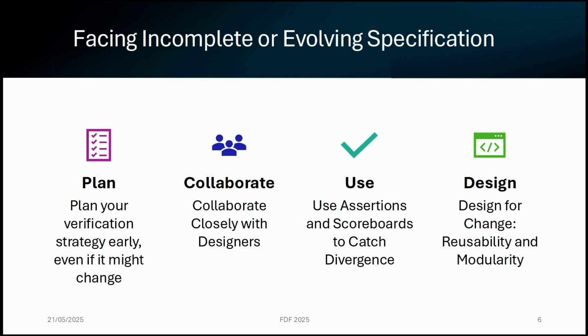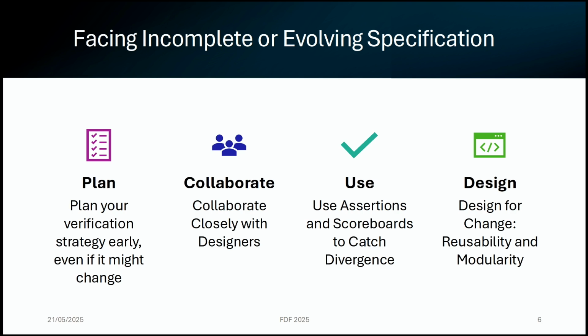The verification plan is just a collection of stimulus, checkers, and coverage for each feature. So you know exactly what you want to do, or at least you have a rough idea of what you want to do. And the more specific you can be, of course, the better. It will give you a kickstart, let's say.